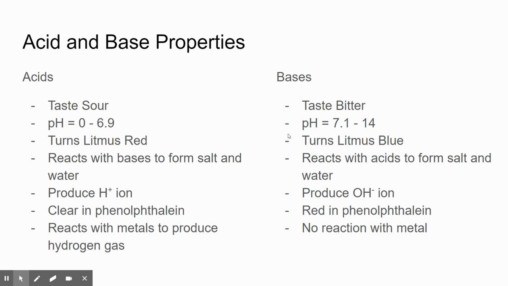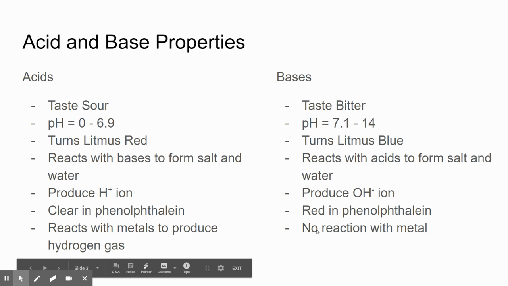Bases taste bitter. Their pHs are from 7.1 to 14, although technically it can be higher than 14. They react with acids to form salt and water, so they basically neutralize acids. They produce OH minus ions. They turn phenolphthalein red, and they don't react with metal.